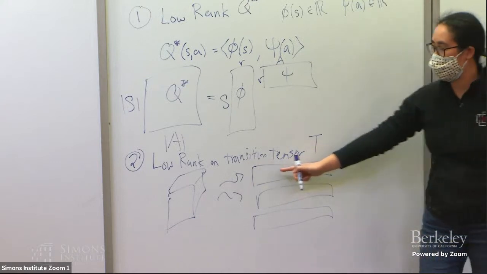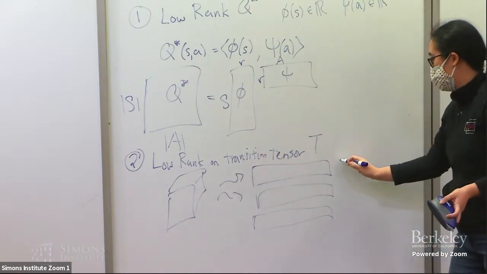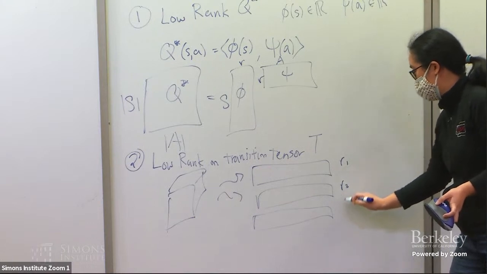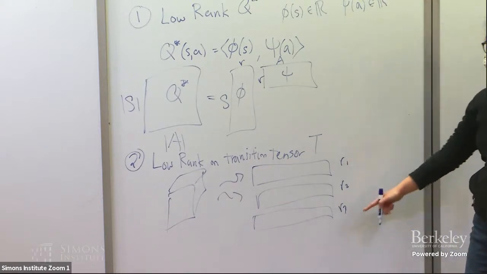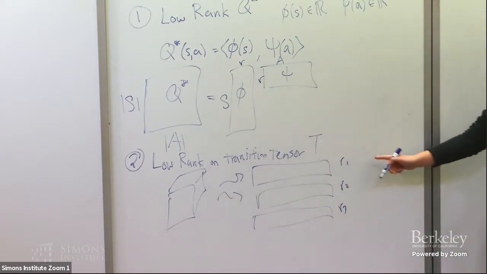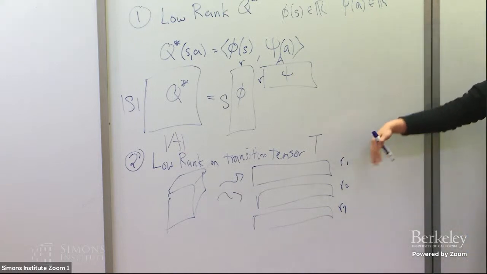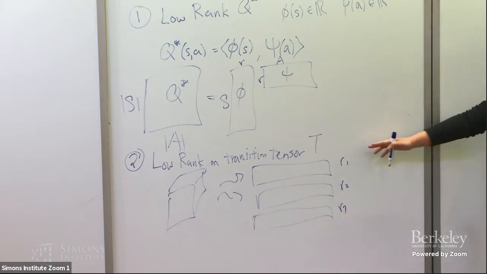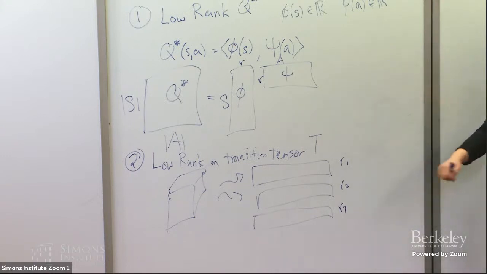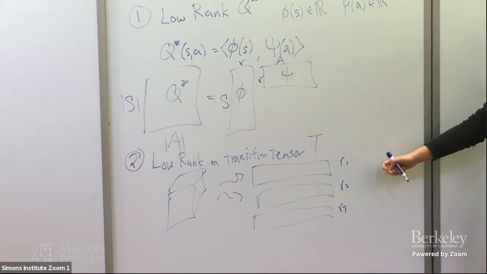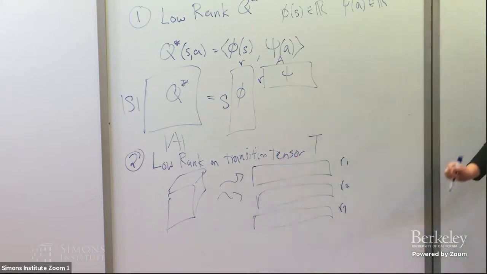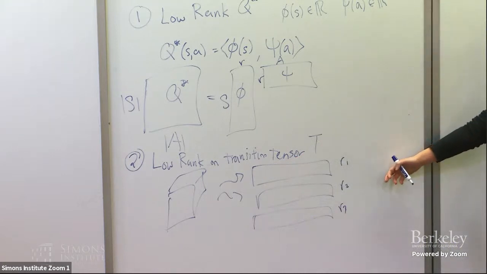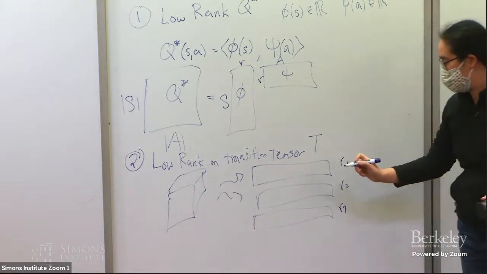The dimensions of the column space along each of these 3 unfoldings are the corresponding ranks. If these are small, then the tensor has low Tucker rank. I think maybe this one might be easier to see.